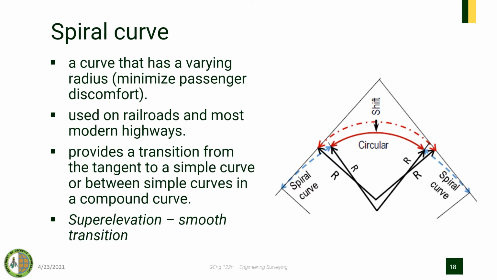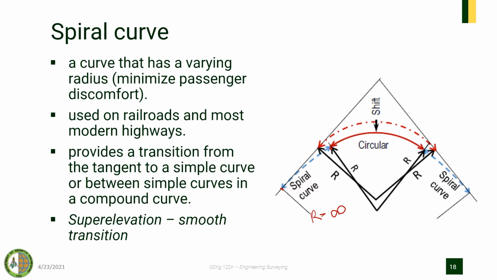So this spiral curve is a curve that has a varying radius. This design minimizes passenger discomfort. Meaning to say, at this point is where we introduce the spiral, then up to this point, the radius at this instant is somehow infinity. Meaning, at this point, this is still a straight line.